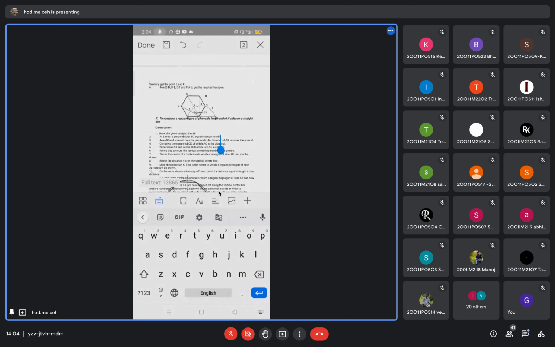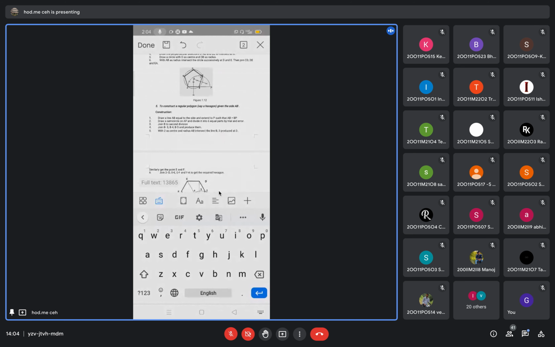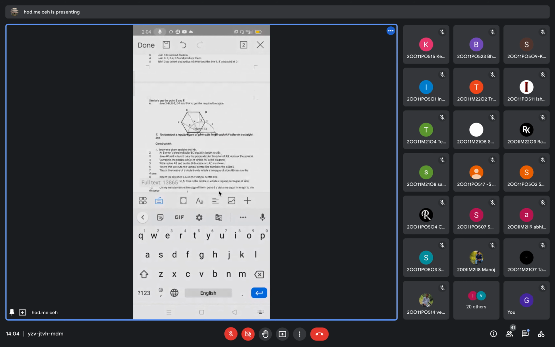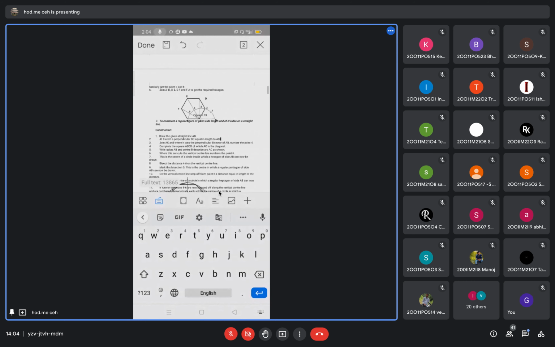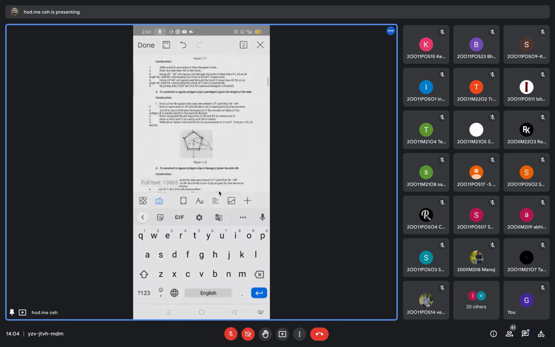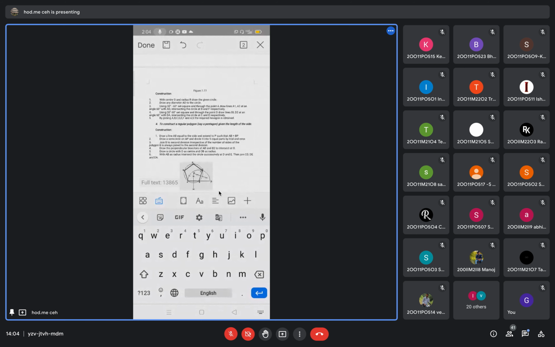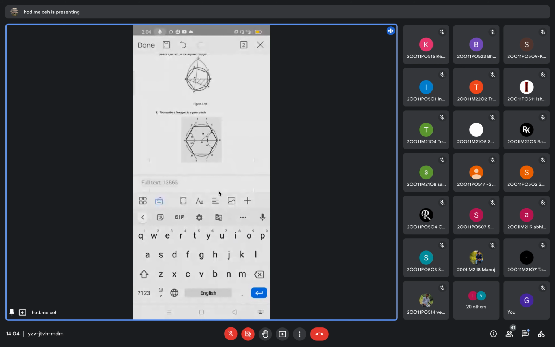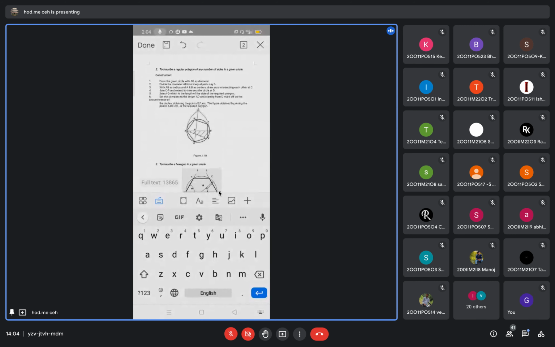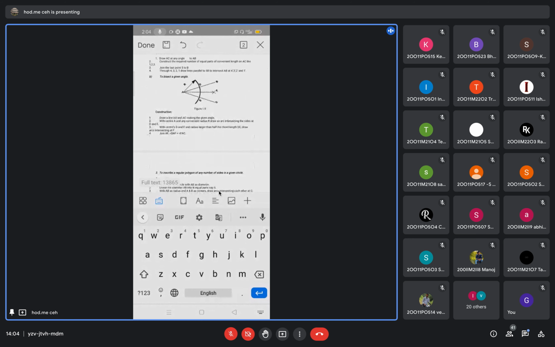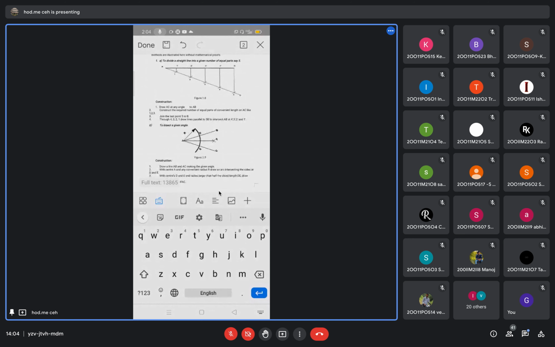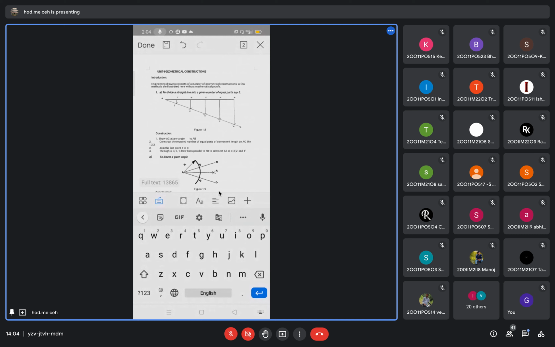Okay, see, the fifth problem is a regular hexagon, a regular pentagon, and given a circle, a regular polygon, and by setting the angle and straight line, it can be divided into equal parts.